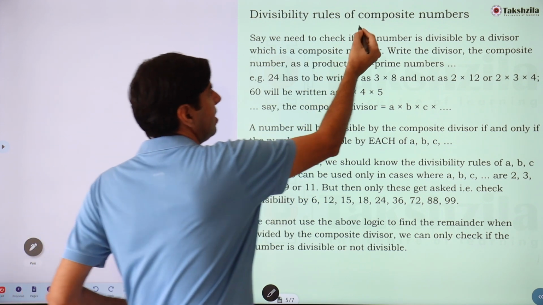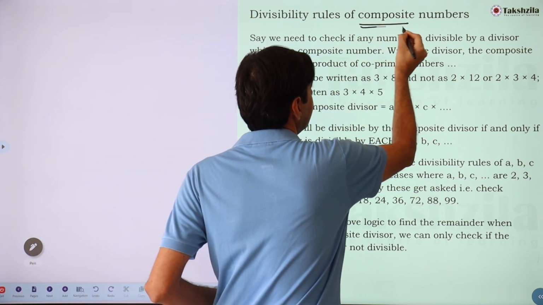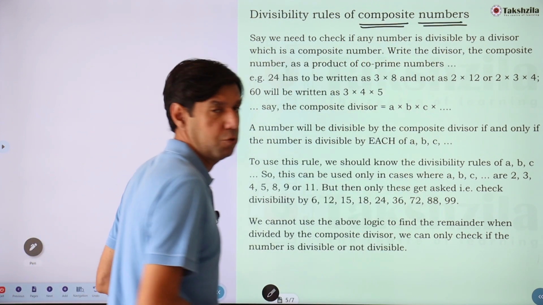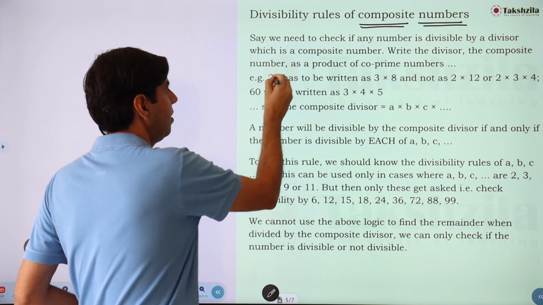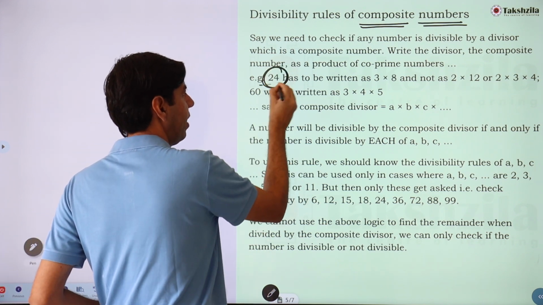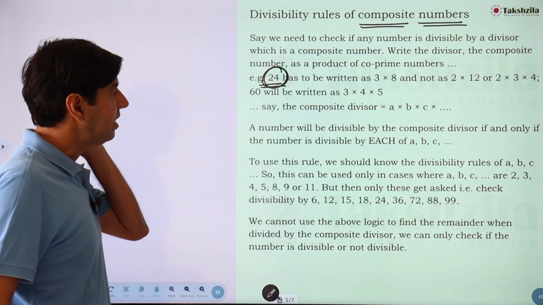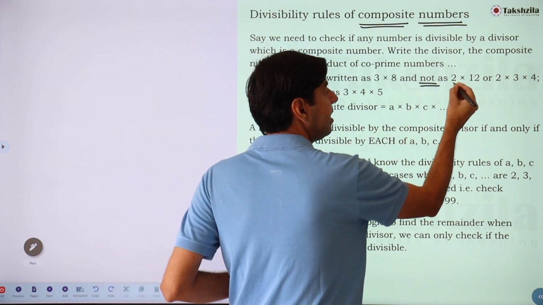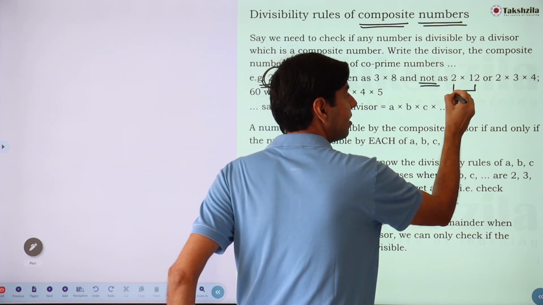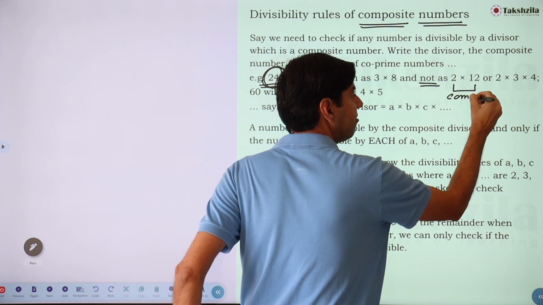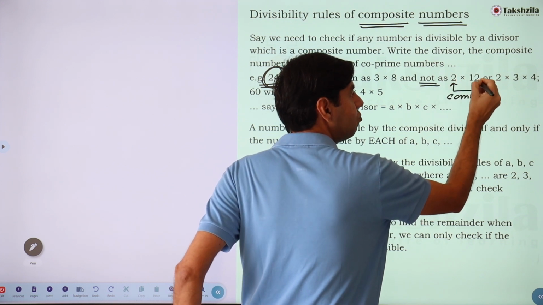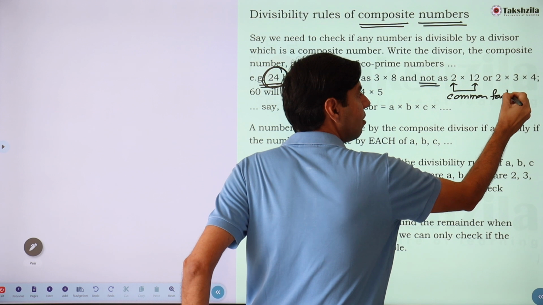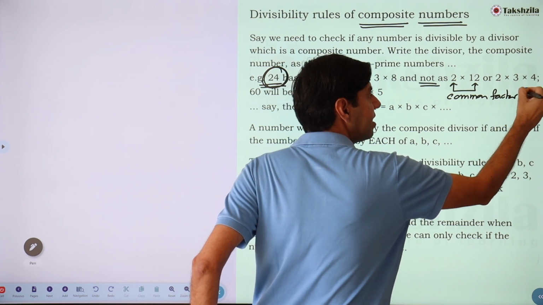And before we reach that, we found rules for most prime numbers. Let's check for a few composite numbers. So for example, if you want to check divisibility by 24, you split 24, but you don't split it into numbers with a common factor. You should not try to keep a common factor. So if you split as 2 and 12, there's a common factor. Now this common factor is going to make things bad.